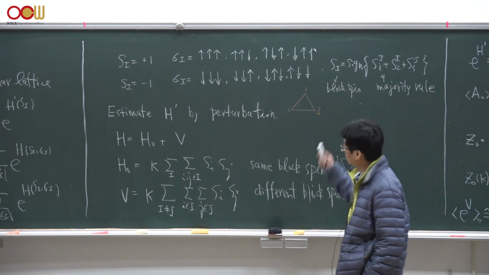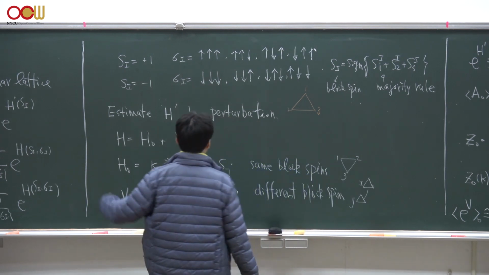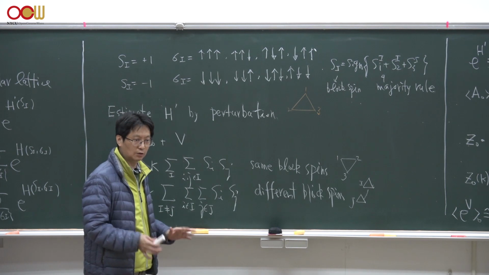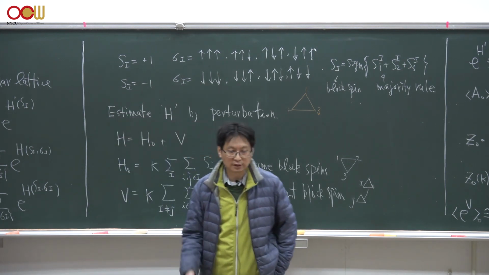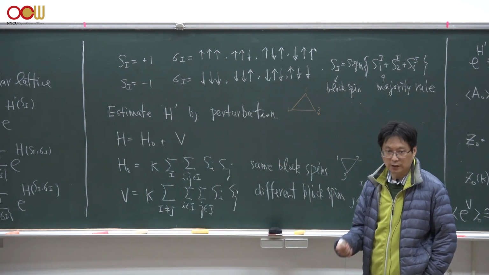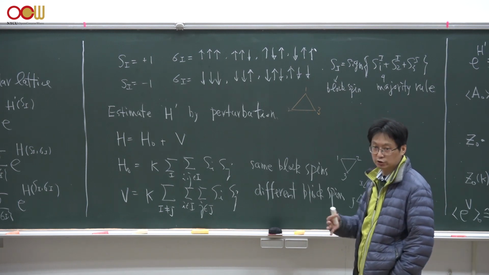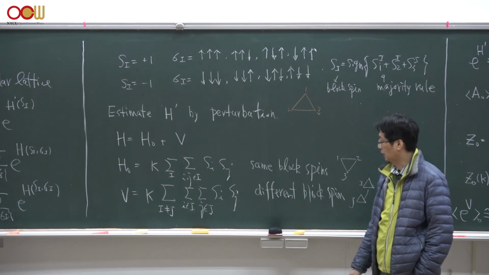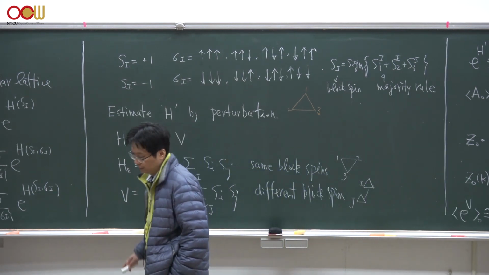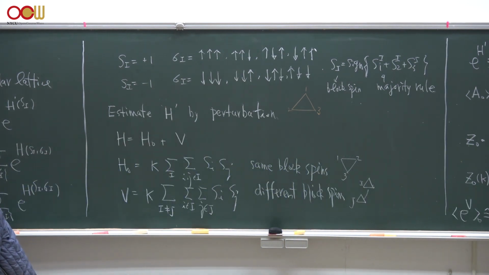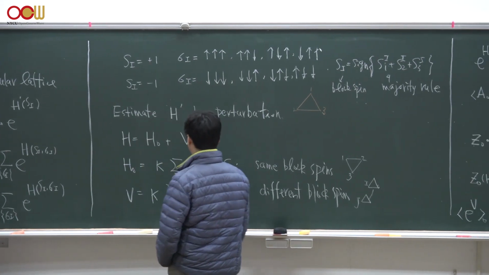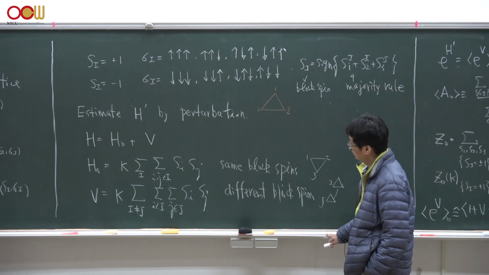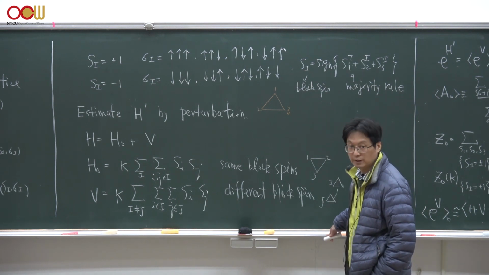Okay, so we can estimate this H prime by perturbation theory. Remember that we assume that our Hamiltonian after the block spin average has the same form as before, but that is just an assumption. But we need to take this assumption that the Hamiltonian is given by the H0 part, which is simply given by the spin-spin interaction within the same block.